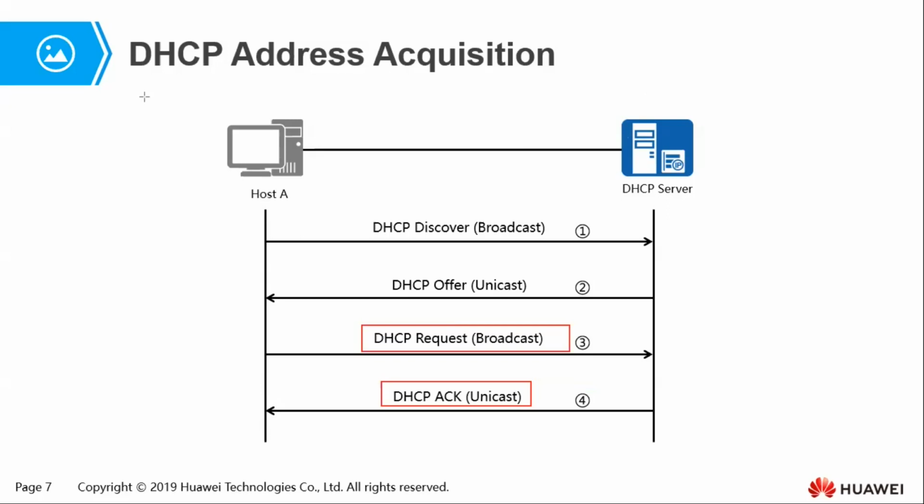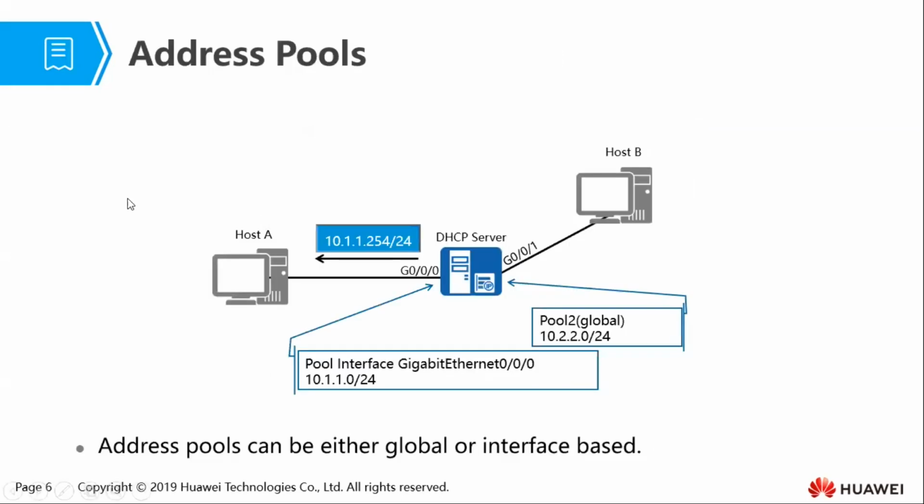Let's say, for example, a DHCP server has been configured to use the global pool. Then that server has been interconnected to two networks, just as on the previous slide. So on the network address and the broadcast address for the two networks, how will they be allocated? That's a tricky question.